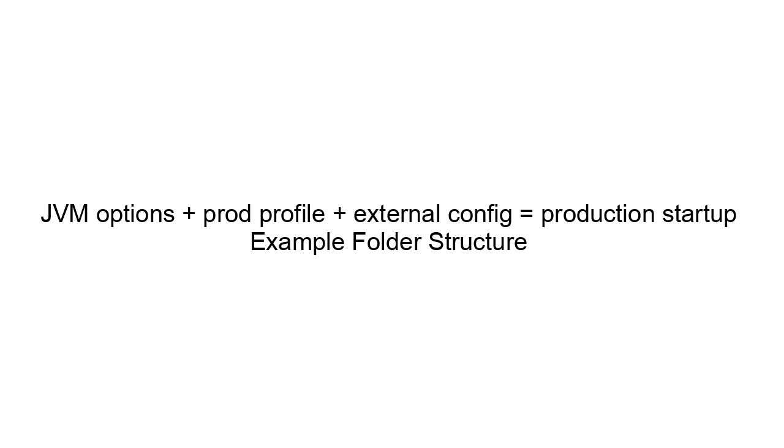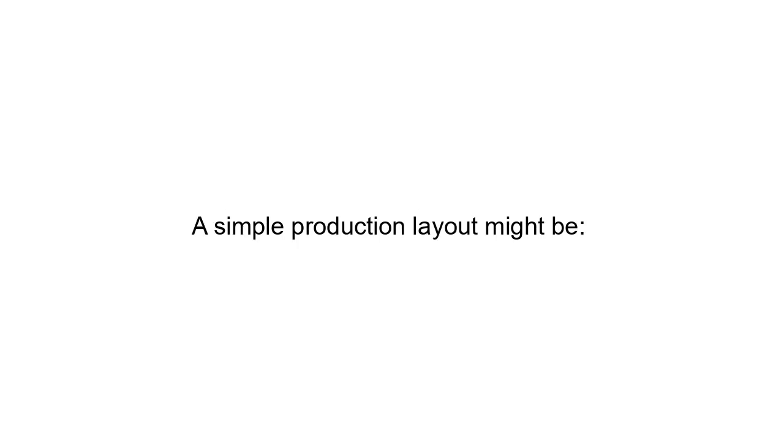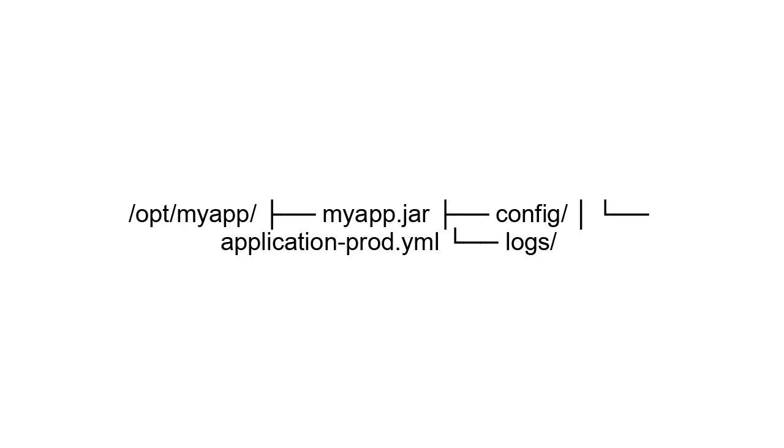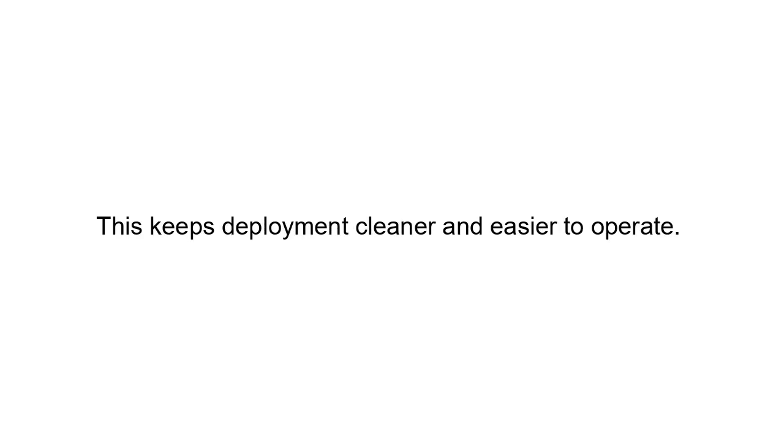Example concept: JVM options plus prod profile plus external config equals a production startup. Example folder structure: a simple production layout might be /opt/myapp, myapp.jar, config/application-prod.yml. Example concept: artifact separated from config and logs. This keeps deployment cleaner and easier to operate.